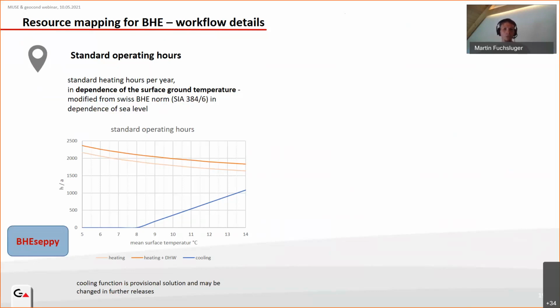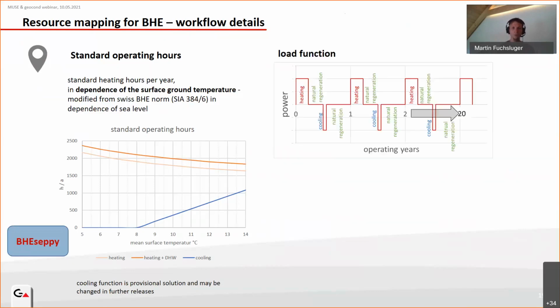And the cooling is a provisional solution, maybe changed in further releases. We said below 8 degrees, it's not necessary to cool. And the higher the mean surface temperature, up to 14 degrees, it's about 1,000 hours per year. That's the function behind.